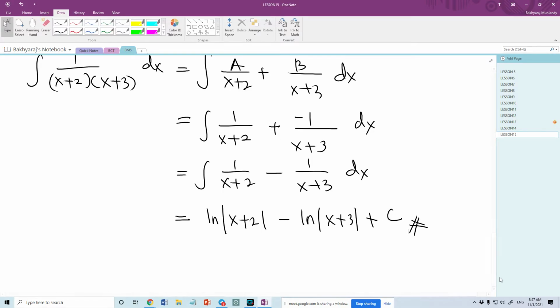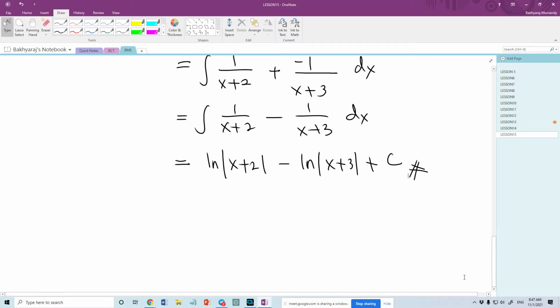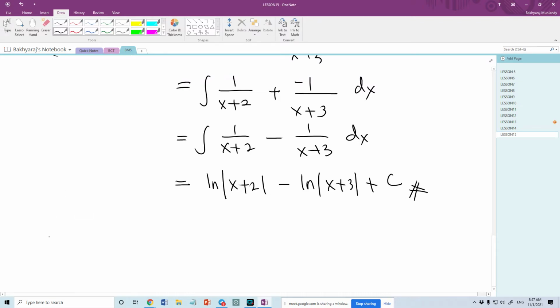Okay, next. I give you another example. The same problem. Okay, so kita cuba the integral of (x plus 1) over (x minus 1)(x minus 3) dx. Cuba soalan ni.